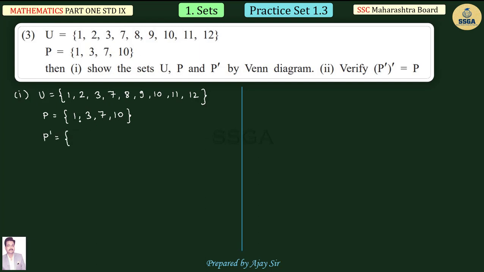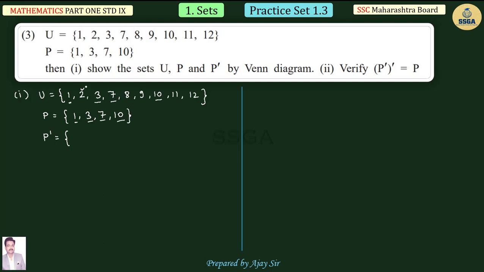P complement means the remaining elements, those which are not in P but are present in U. Here 1 is there, 3 is there, 7 is there, 10 is there.